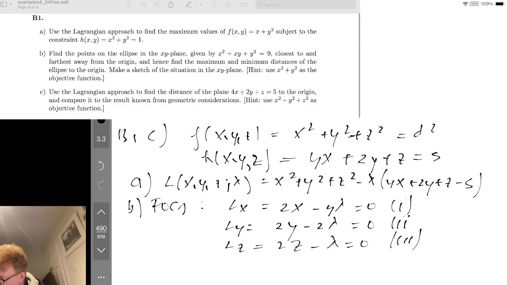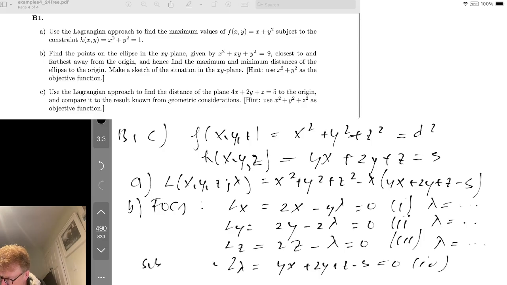Then the derivative with respect to lambda is the constraint itself, which is the plane, is 0. Call that 4.